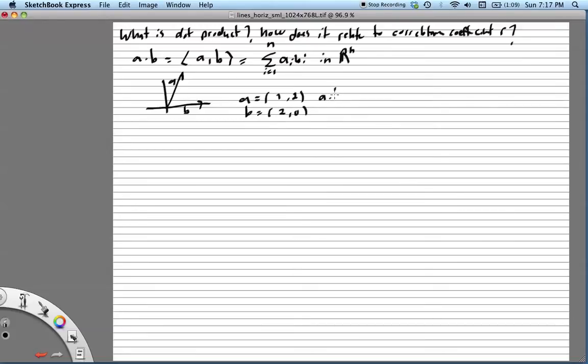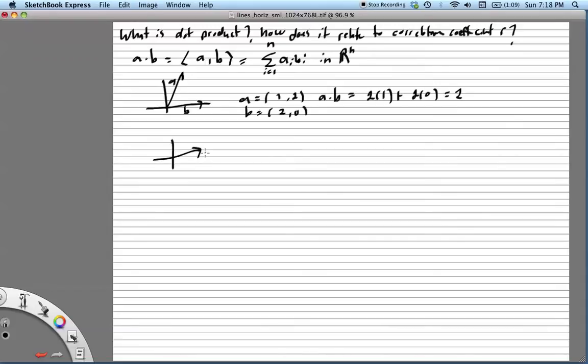A dot B by our formula here is just going to be equal to 2 times 1 plus 2 times 0, which is equal to 2. Okay, what if we'd had something like this?